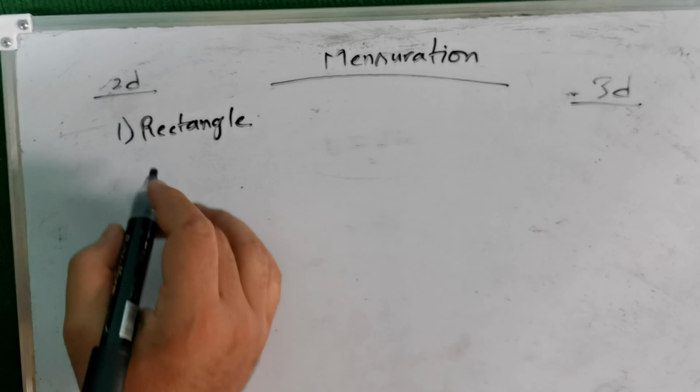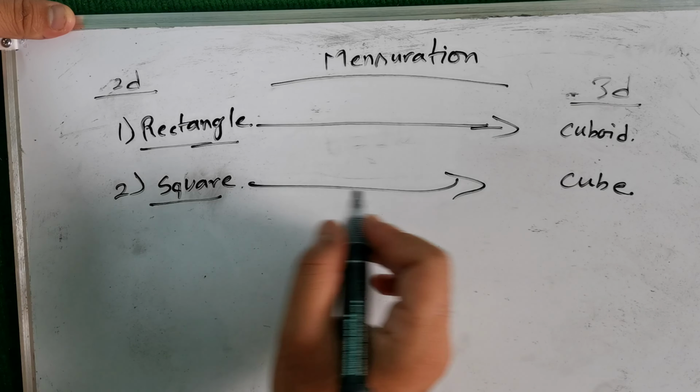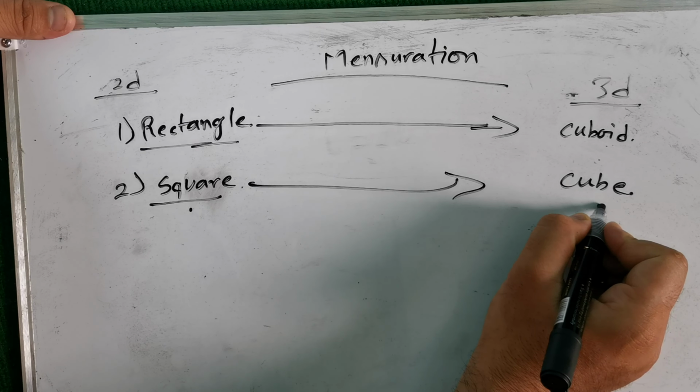And the 2D version is square, and the 3D version of square is cube.